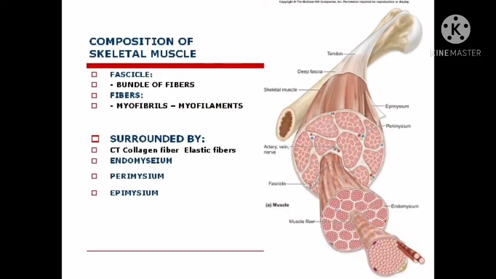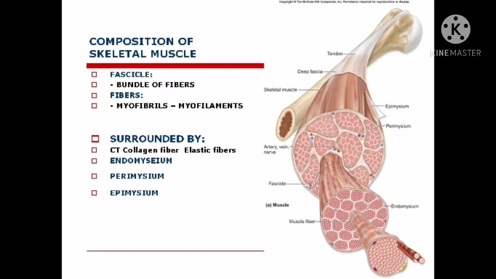So, the composition of a muscle. The entire muscle is called the muscle mass or the muscle belly. You can see here, the cursor shows you the bone, this is the tendon, and this is the entire muscle mass.